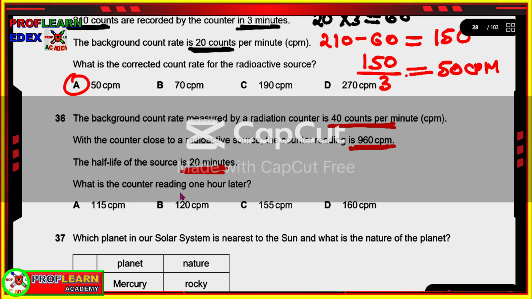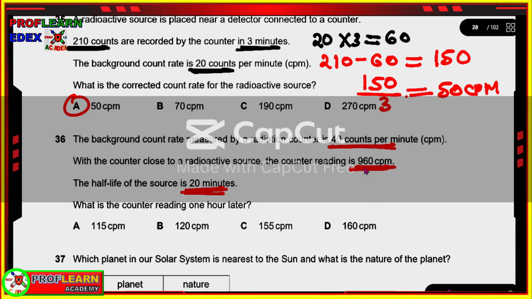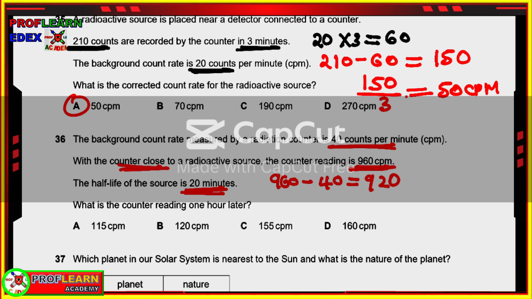What is the counter reading 1 hour later? 960 includes the background count, so we are going to say 960 minus 40, and that is going to translate to 920 CPM. I'm subtracting because the counter, with the radioactive source, is at the same time also indicating the background count, right? So we have to correct that.